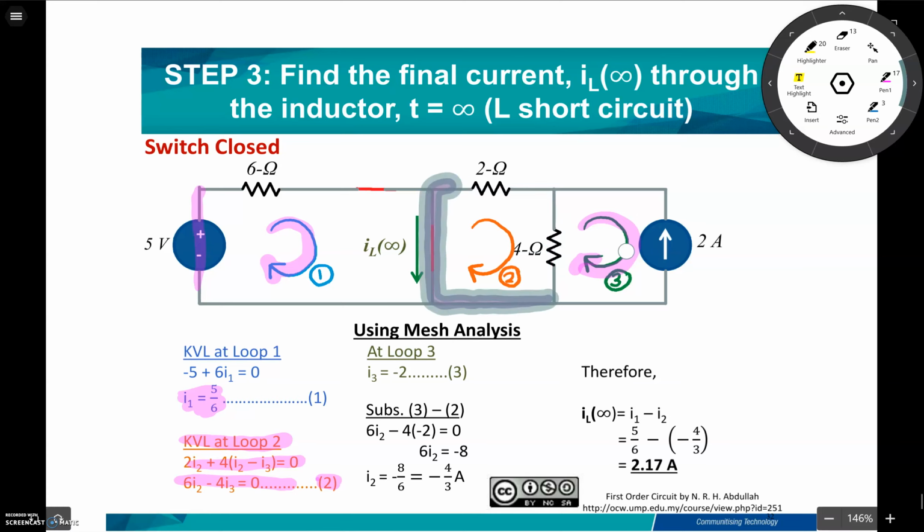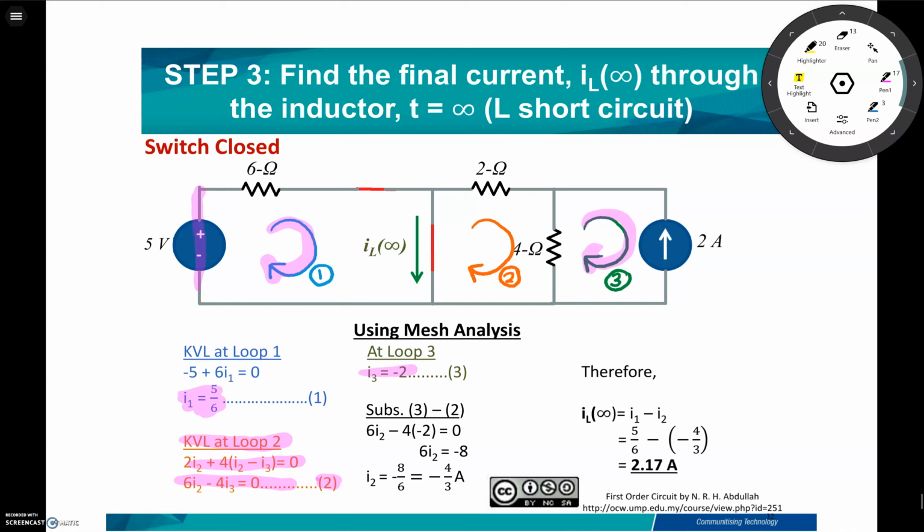And then for loop 3, you can see that the current is flowing through here, and the current is showing the opposite direction. We just take the equation to be I3 is equal to -2, and then you need to solve all 3 equations by rearrangement or any methods for finding I1, I2, and I3.